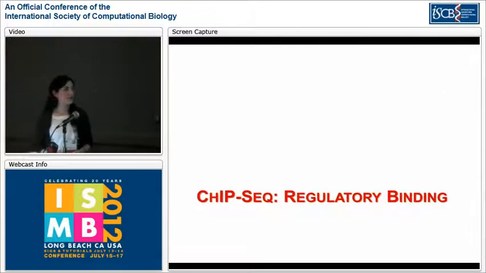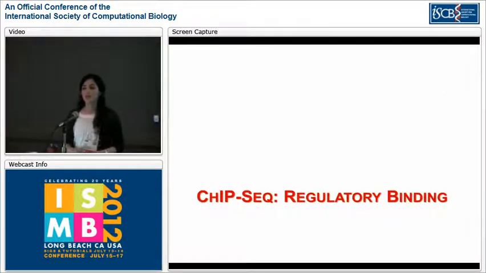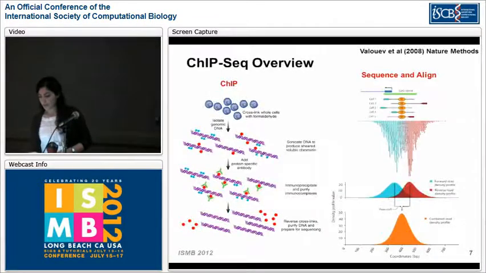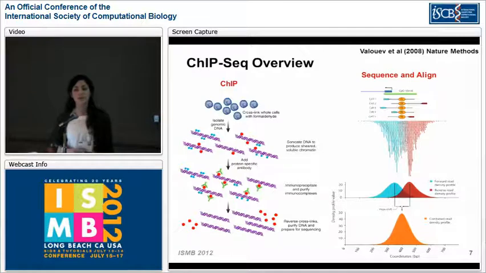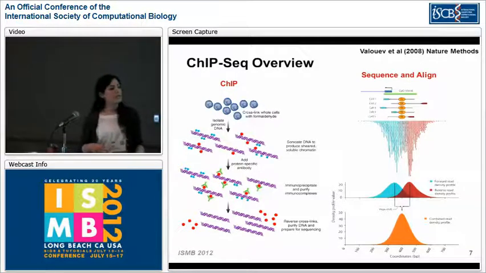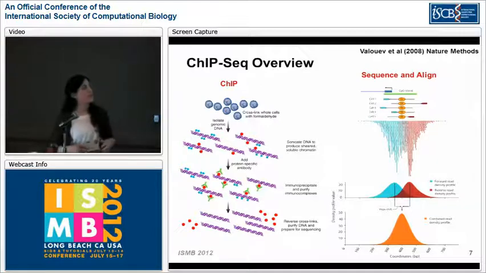So the first part of this talk will focus on ChIP-seq as a method for identifying regulatory bindings in TB. Just a quick overview, chromatin immunoprecipitation followed by sequencing is a well-known method for identifying DNA binding proteins and the regions.